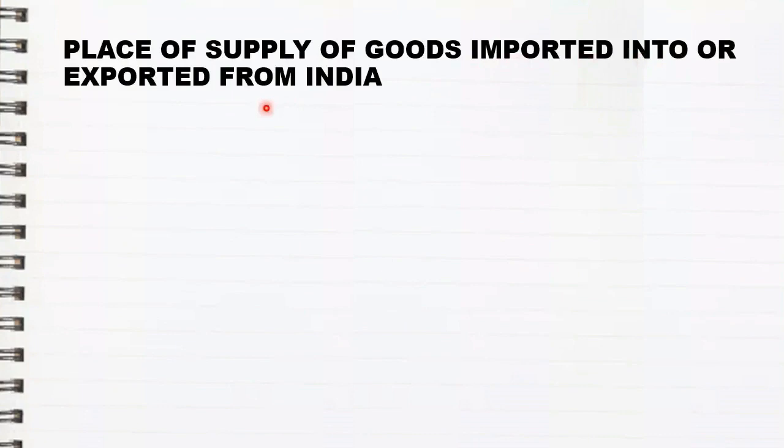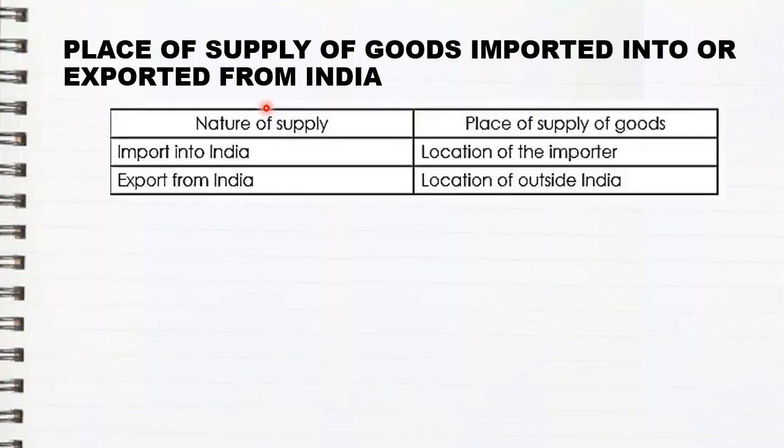So when goods are imported into India, the place of supply will be the location of the importer. And for export from India, the location outside India, wherever it has been exported to, that place will become your place of supply.